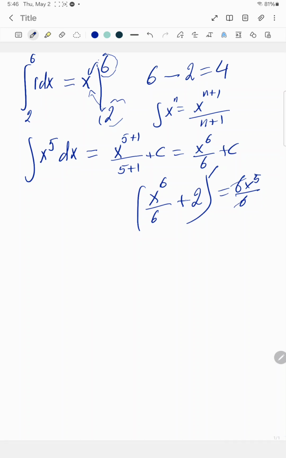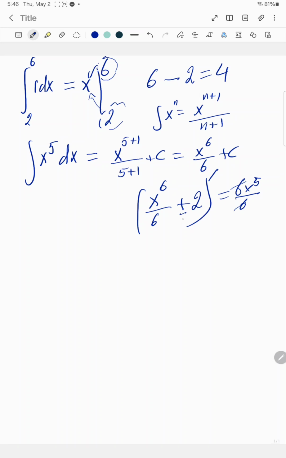So if I have plus 2 or minus 2, or plus 3 or minus 3, the derivative is always x^5. To account for the plus or minus a constant, I have to put the plus c. That's the reasoning of the c.